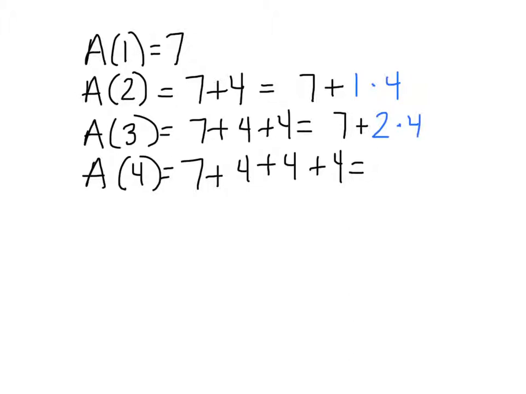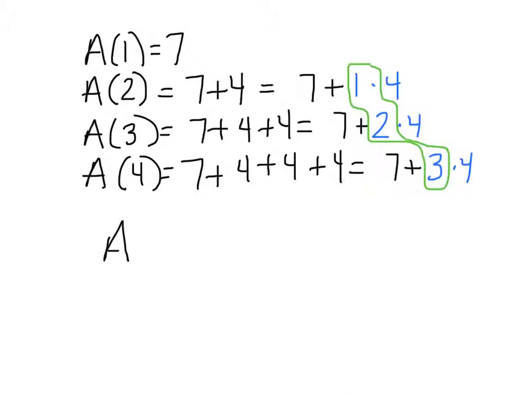In the next one, we have 7 plus 3 times 4. What's changing each time? These are changing. Everything else stays the same.